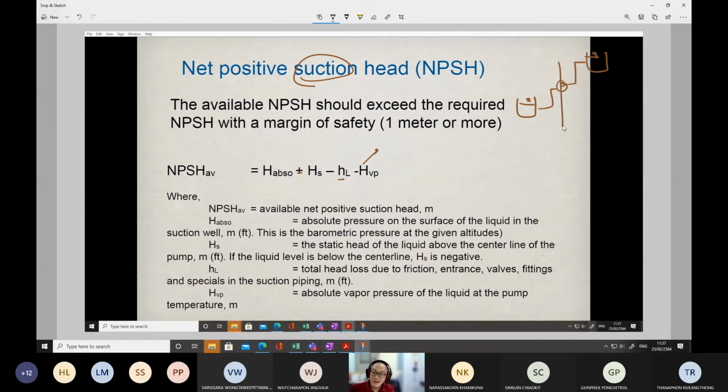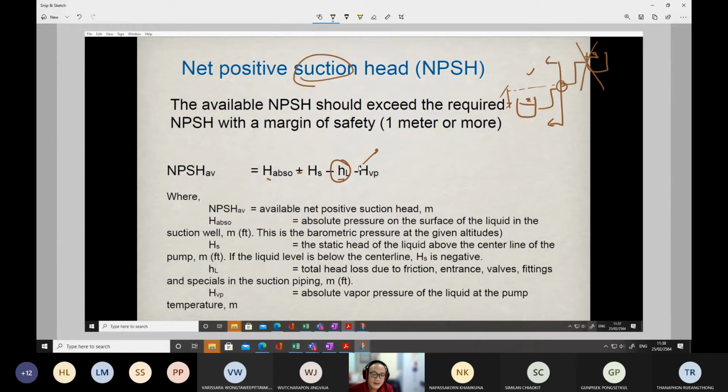We only focus on the suction side whenever we calculate the net positive suction head. So the net positive suction head is equal to the absolute pressure plus or minus the static suction head, which is the difference between the water level and the pump's center line.